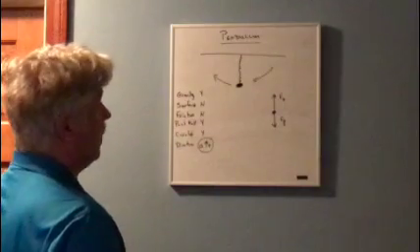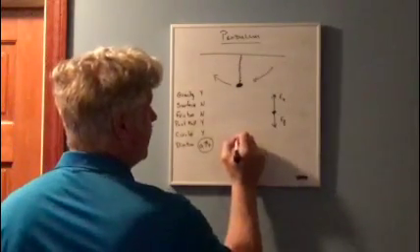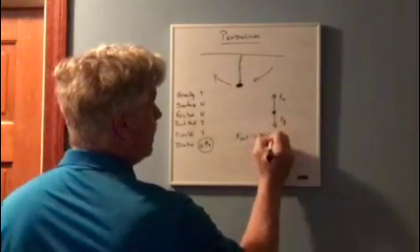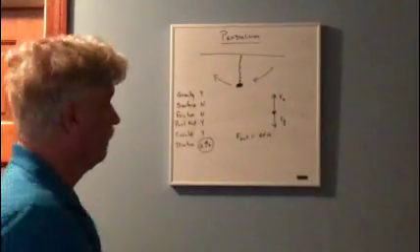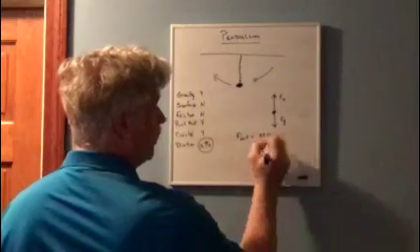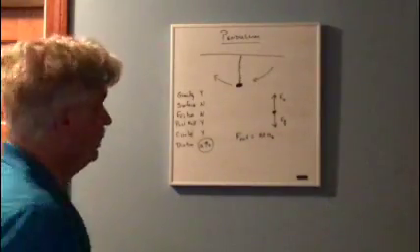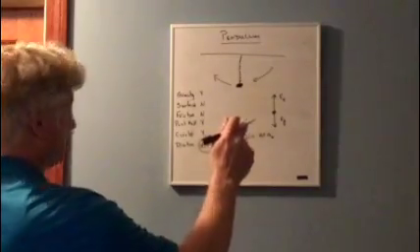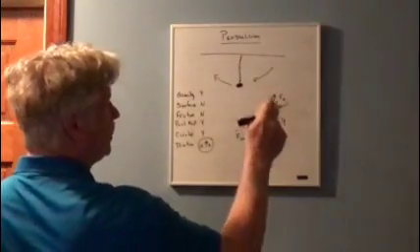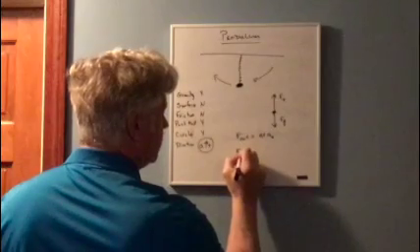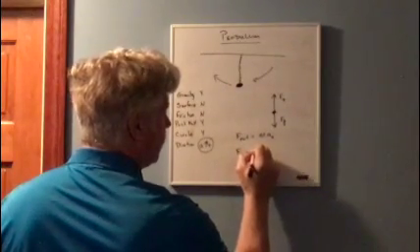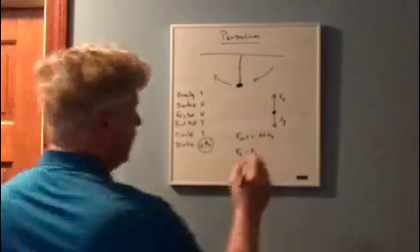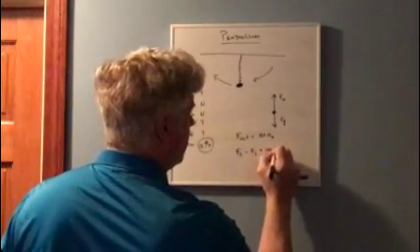All right, so now we're going to see what we've got here. So we've got force net equals MA, Newton's second law. Well, this is centripetal, so it's going to be AC. So now, what's our force net? Well, our force net is going to be the force of gravity minus the force of the tension is going to equal MAC.